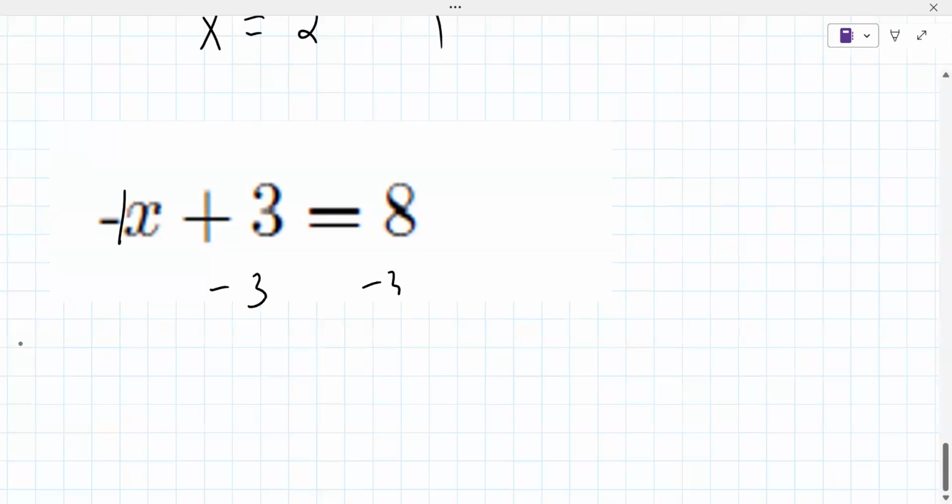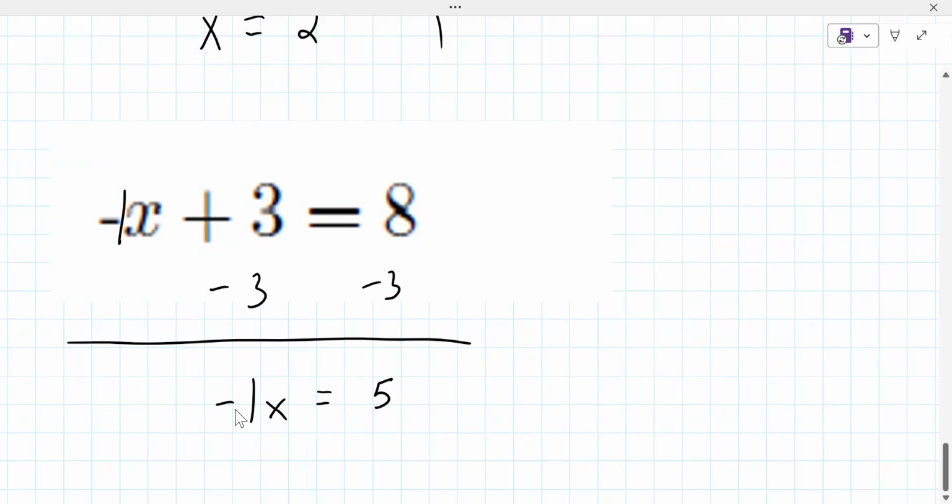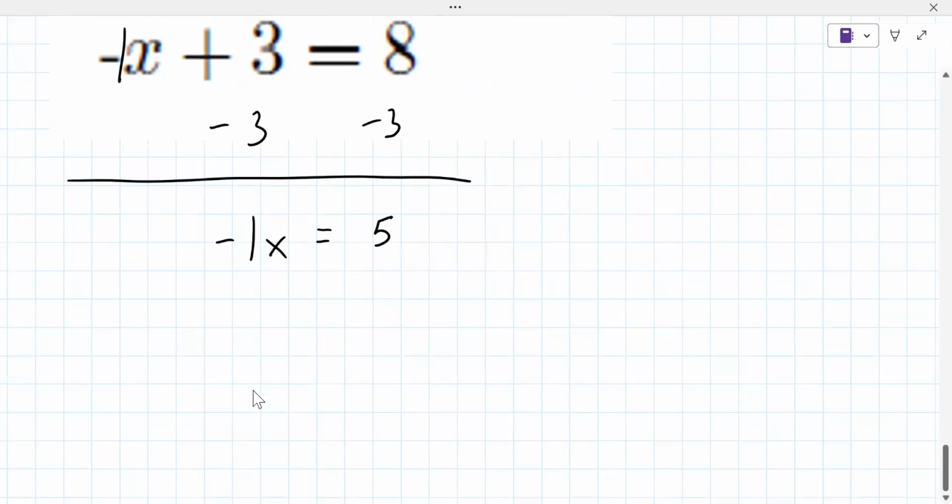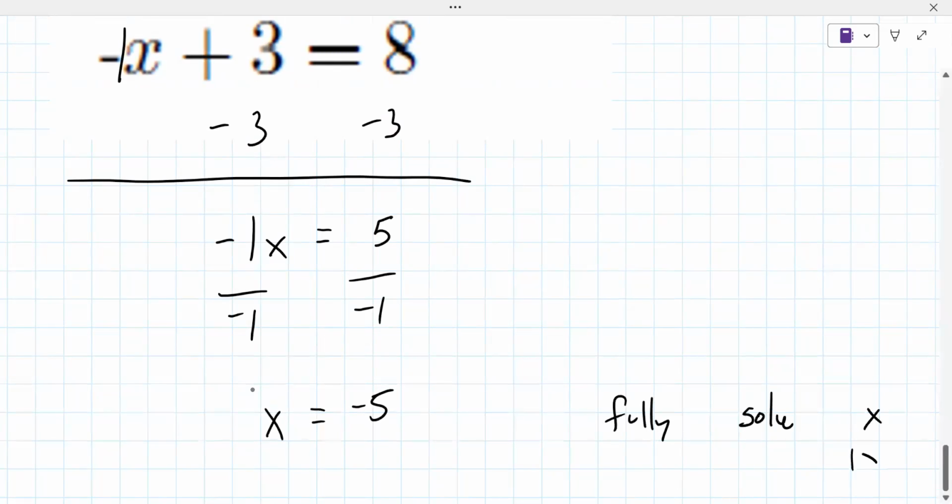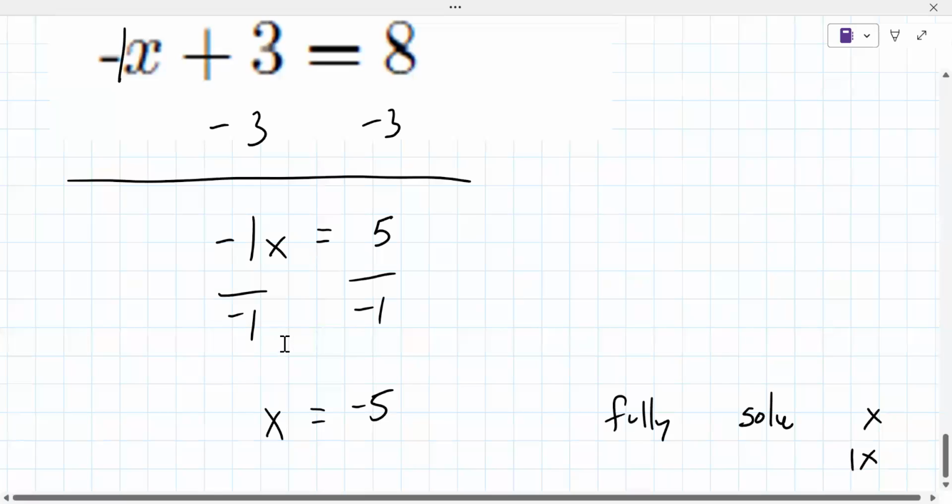So when you subtract 3 from both sides, you get -1x equals 5. Now it doesn't matter to me if you write -1 or just -x, but I'm going to show you in the examples here. You divide by -1. To fully solve, you have to have it just be x or 1x. It can't be -x.